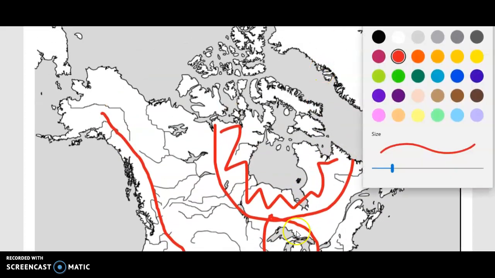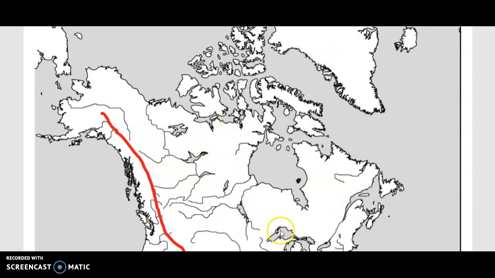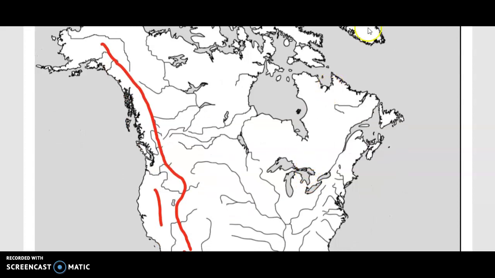If I show you political wise, if I just rub this Canadian Shield and the Great Lakes here and show you politically, you find that these are the two divisions of North and South America. These are the divisions of North America.